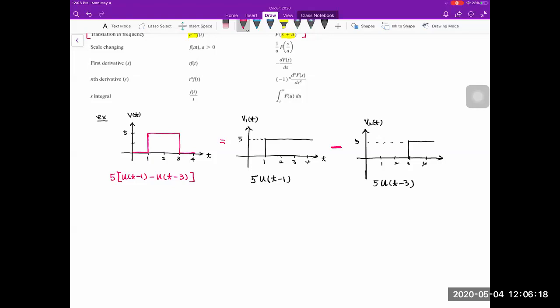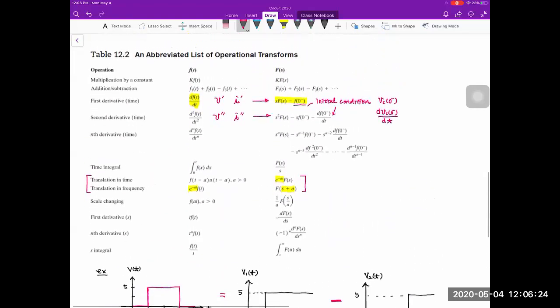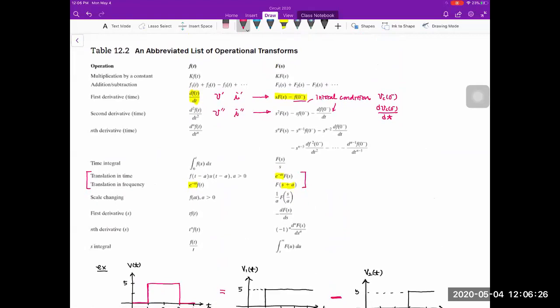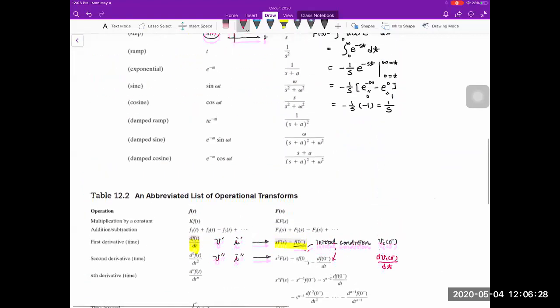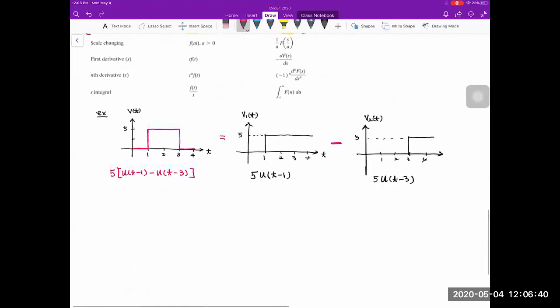But how do we transform this? Well, you look at the table that we have. What in the table can give us a unit step function? This is a table that we know: for a step function, if you have u of t, it is 1 over s. So let me write it down over here.